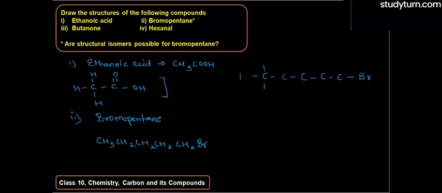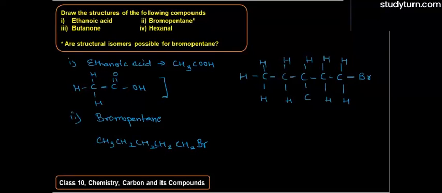And on the first carbon atom 3 hydrogen atoms are there, and on second 2, that is CH2, then again CH2, again CH2, and again CH2, and one with bromine group. Okay, so this is the first structure for the first isomer of the bromopentane.